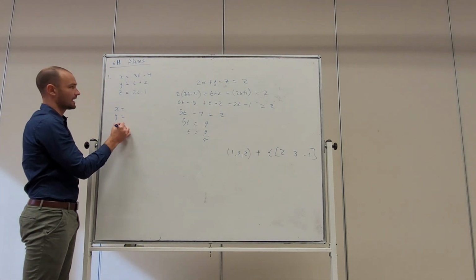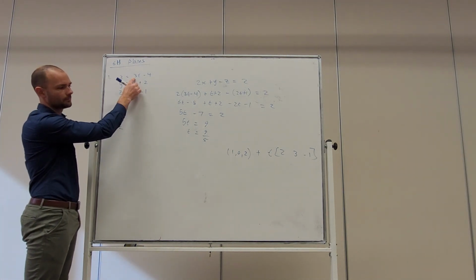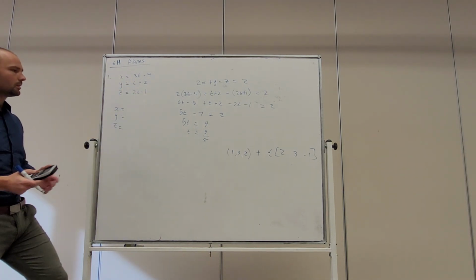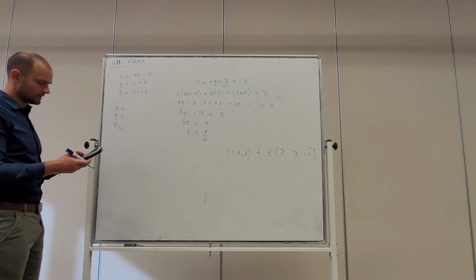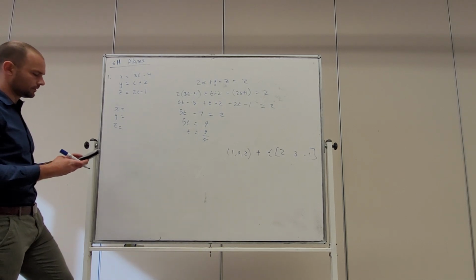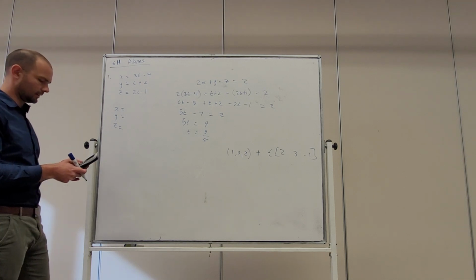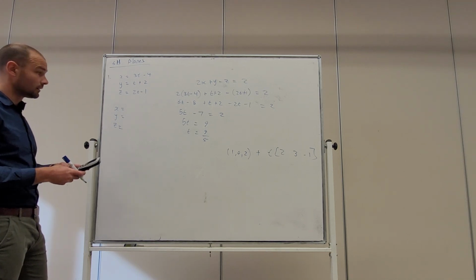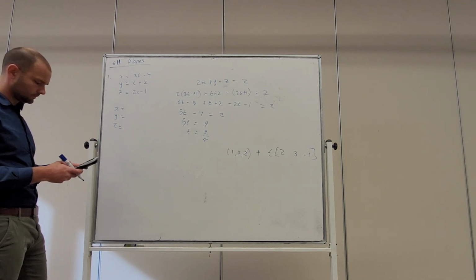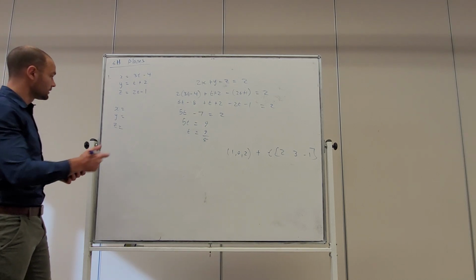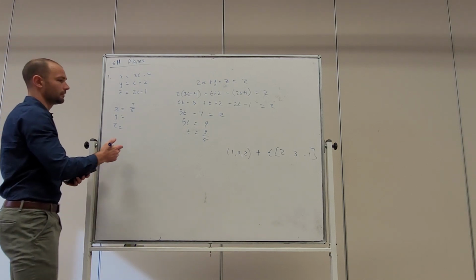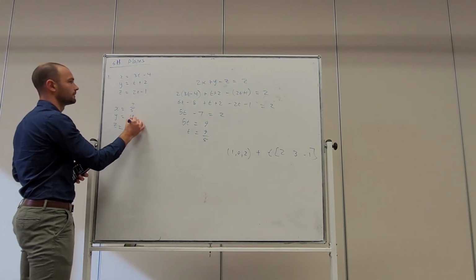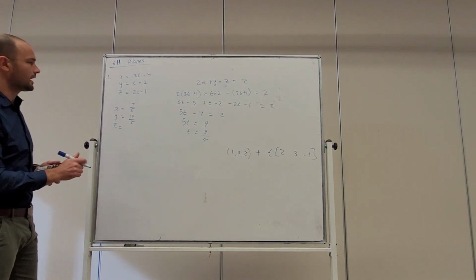The x one's going to be 3 times 9 on 5, take away 4. So what's that? 27 on 5, take 20 on 5, 7 on 5. Let's use a calculator, I like this. So yeah, 7 on 5, we'll have 9 on 5, 19 on 5, and 18 on 5.